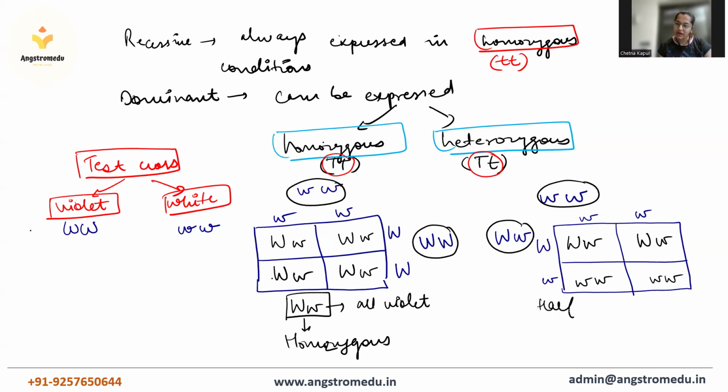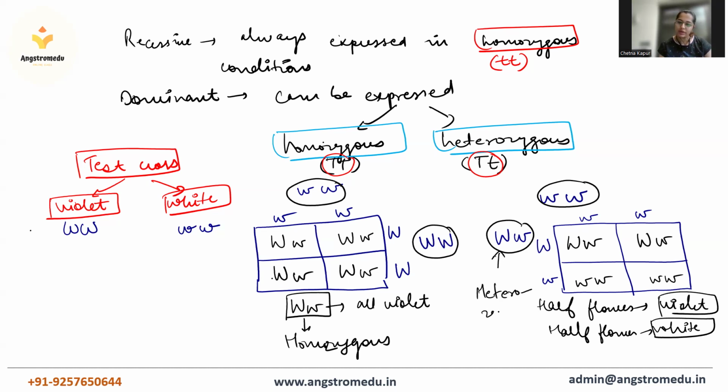Half of the plants are violet in color, and half of the flowers are white in color. So that means this parent is in the heterozygous condition.